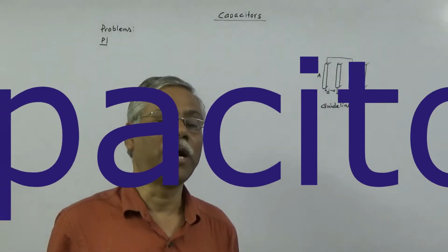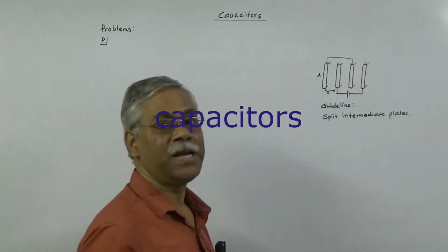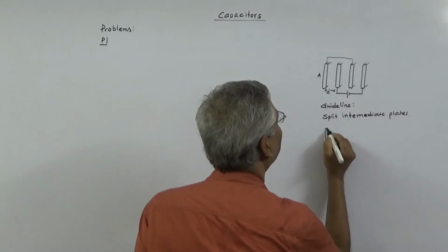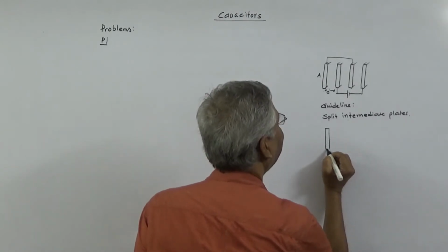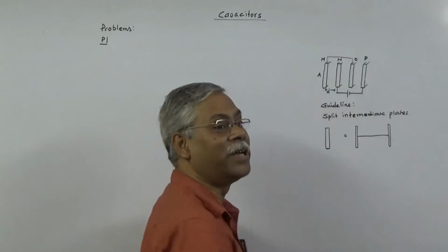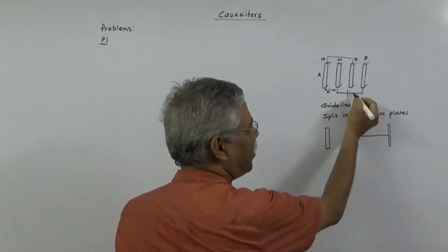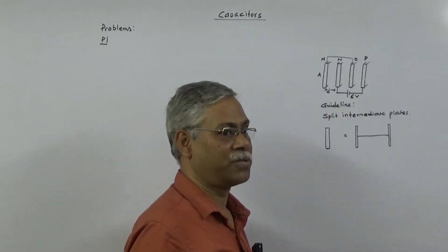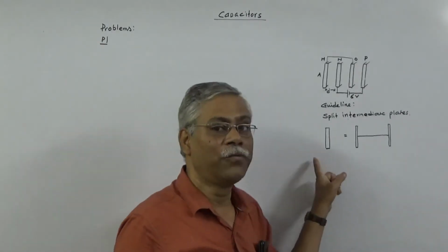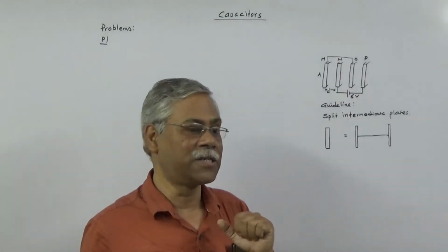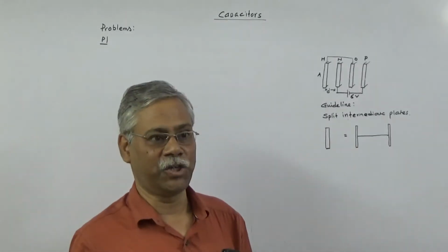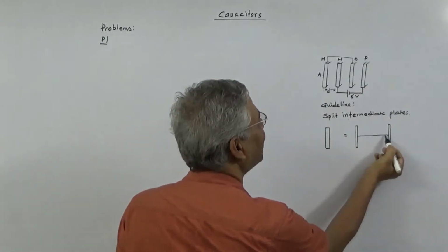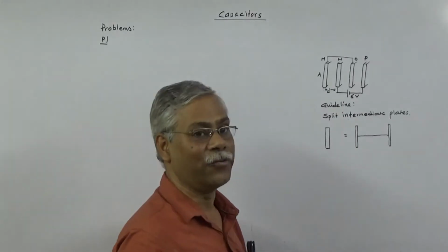In order to understand the circuit, split the intermediate plates to form an H. Battery potential will be given to you. Suppose this battery potential is 6 volt. Find the charge delivered to each plate. So what we'll do, we'll split the intermediate plates to get an H. Then I have connected these two plates with a conducting wire.